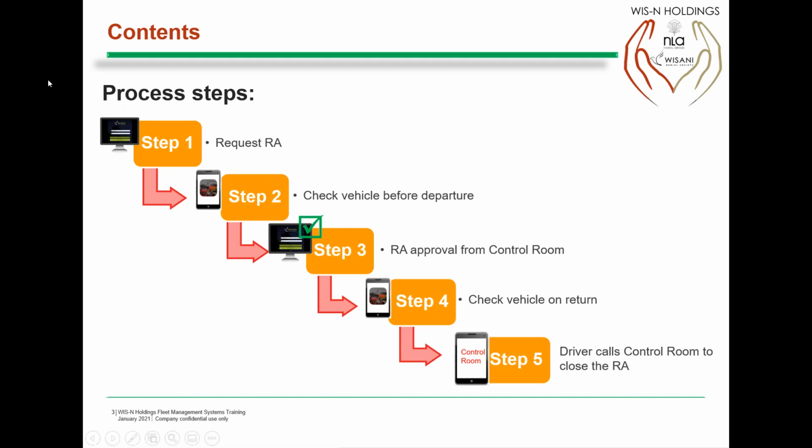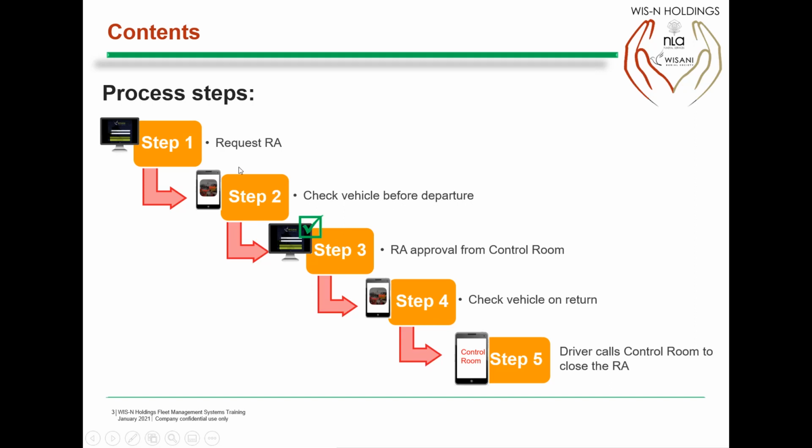Now, it's very important that you do step 1 and step 2 first before control room can approve your route authorization. Once you have done your vehicle check on your cell phone, that information will go through to control room. Control room will then access all the information.